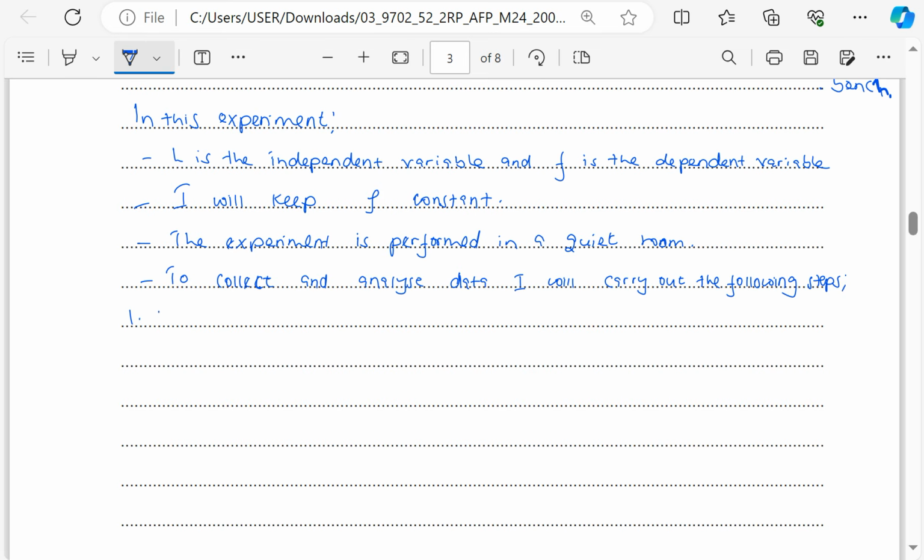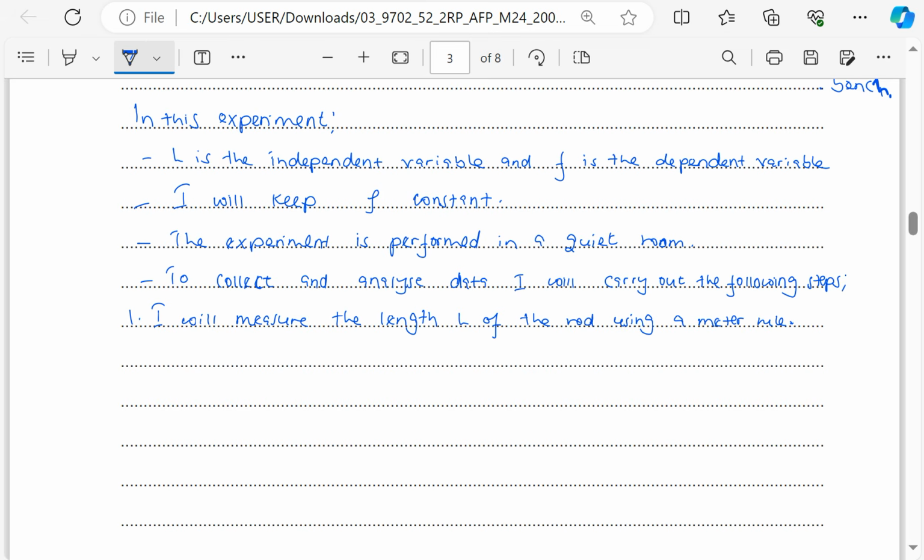So I'll tell the examiner that I will measure the length L of the rod, maybe using a meter rule. But of course, if I want to reduce the percentage uncertainty when using a meter rule, then L should be large enough.